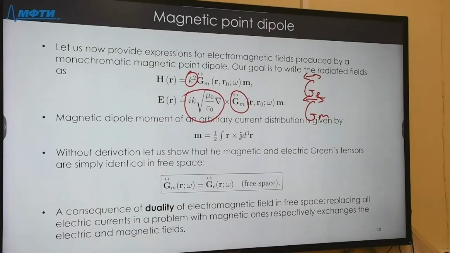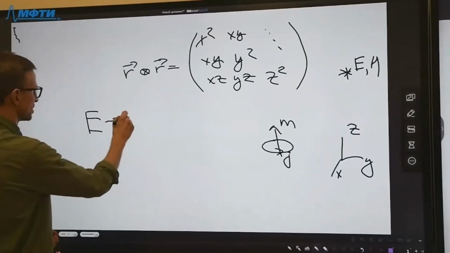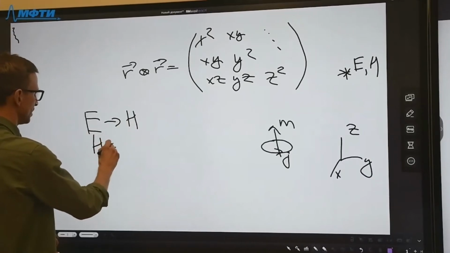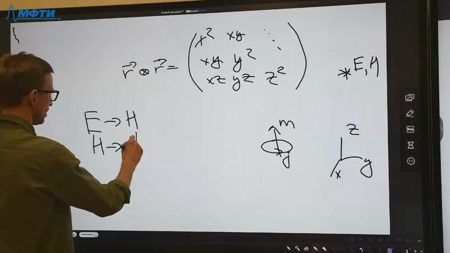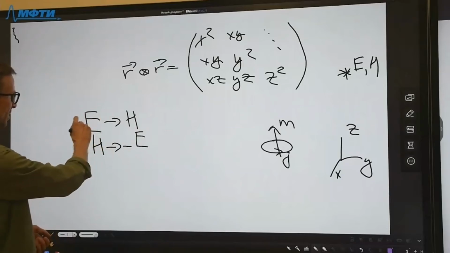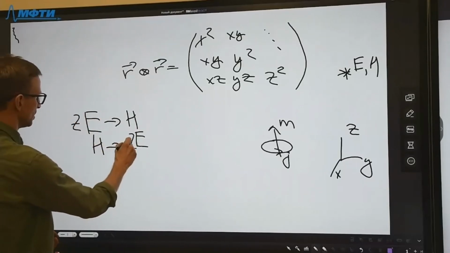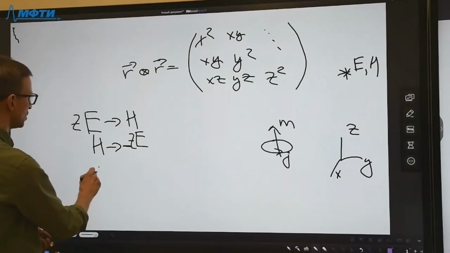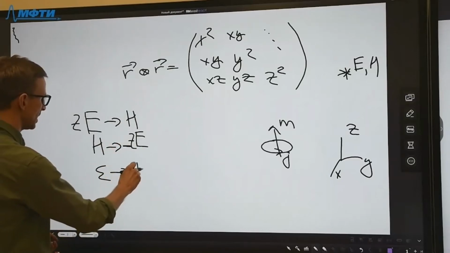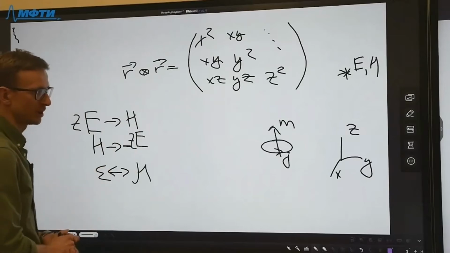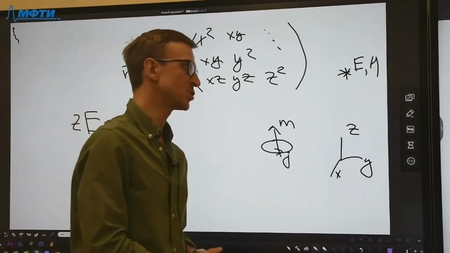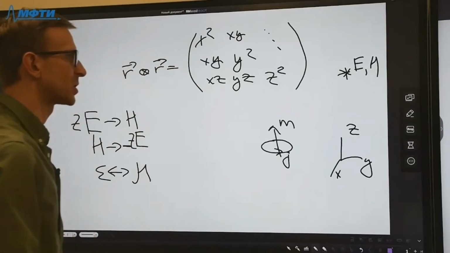And when we do have media, you may remember that there is a certain generalization of duality, where the electric field is replaced with the magnetic field, and the magnetic field is replaced with minus the electric field, and we also need to have the impedance Z here. But we also need to replace permittivity with permeability and permeability with permittivity.